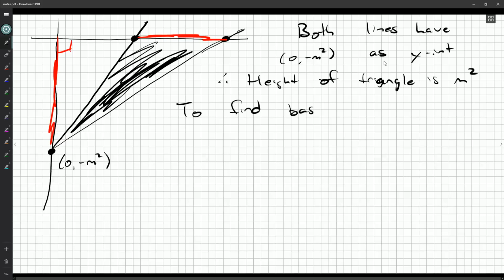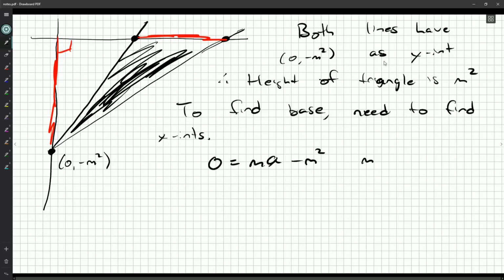To find the base, we need to find the x-intercepts. So we've seen how this is done. Y is 0, so 0 equals ma minus m squared. So m squared is ma. Divide by m, so a is m, so (m, 0) is one of them. And then it was 2m, right?